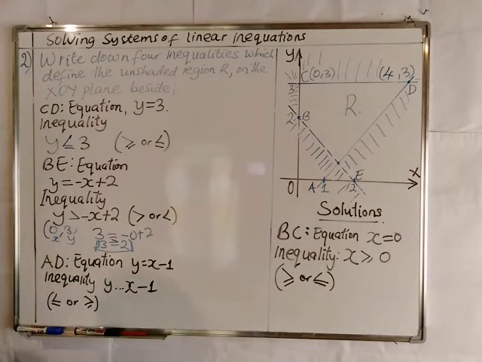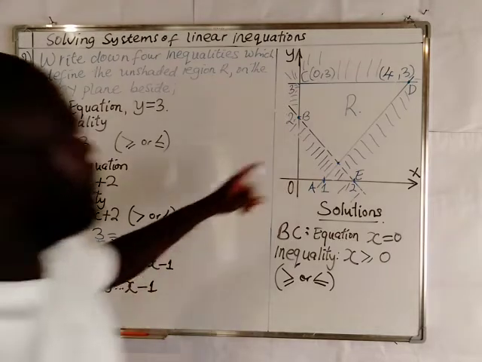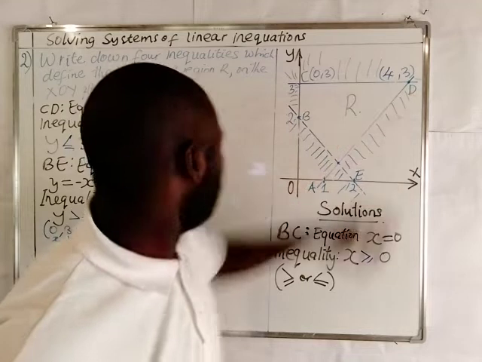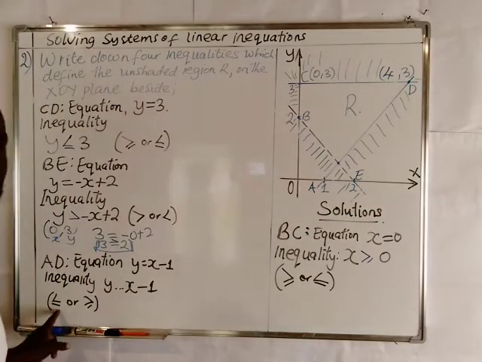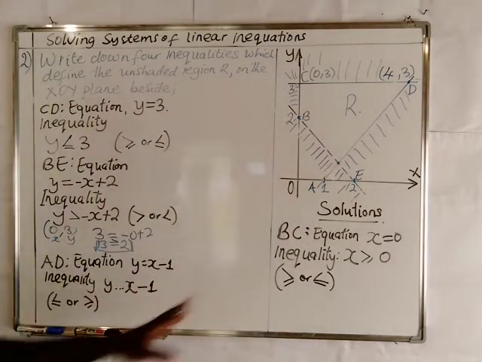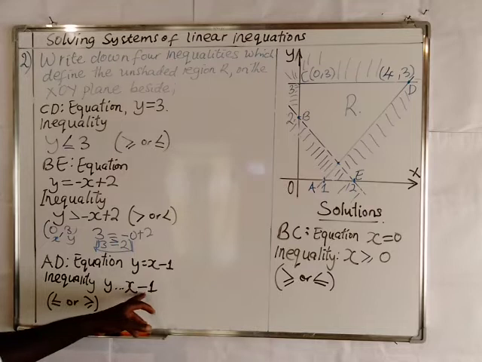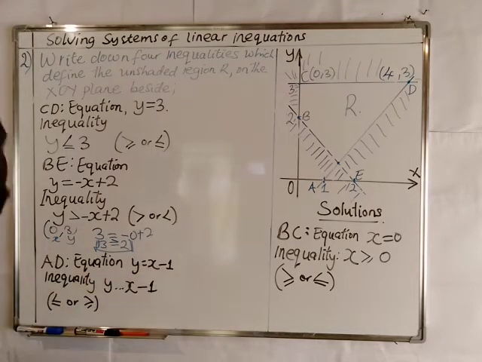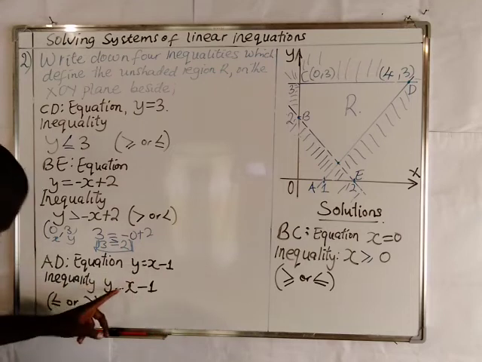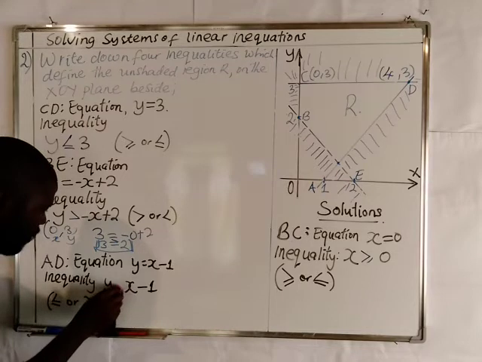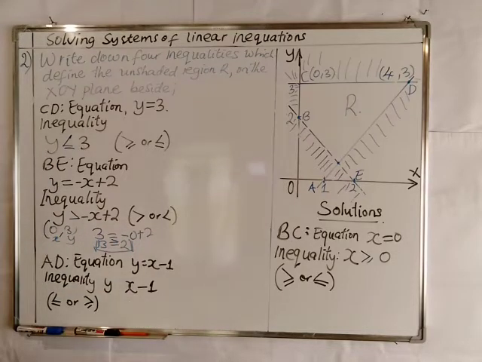Now, the last inequality, talking about AD. You can see this line is solid, so we are going to have either less than or equal to, or greater than or equal to. So for AD, the gradient is 1 and the y-intercept is negative 1, so the equation is y equals x minus 1. Where we have the equal sign, we simply put the inequality sign that will help us come up with the last inequality.